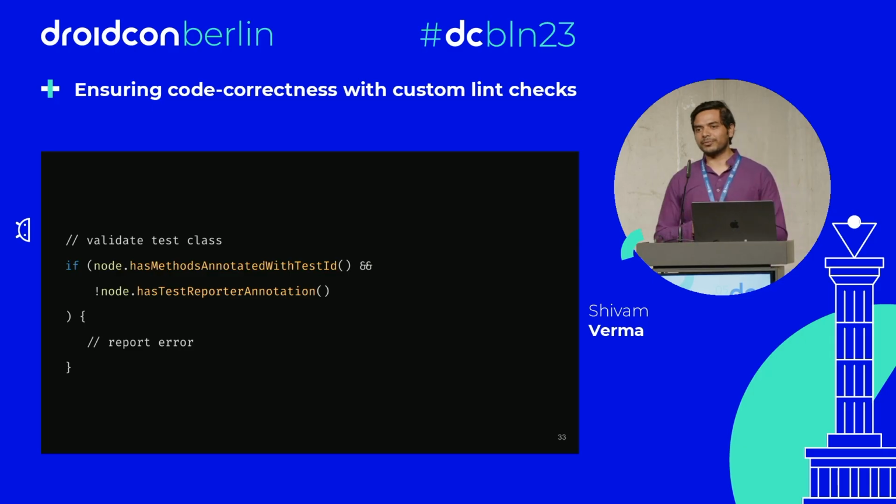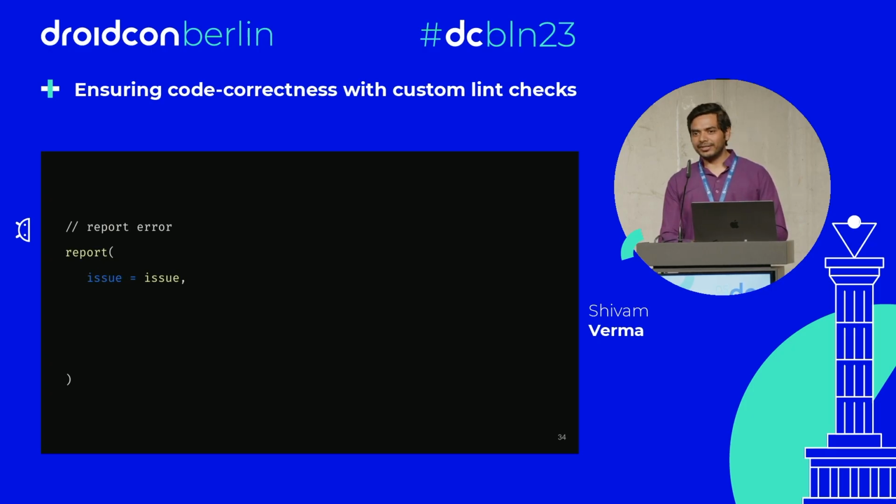This is a very simple method. We just iterate over all the methods available in the class and check if it has the annotation. And then on the class itself, we check if it does not have the test reporter annotation. These are two conditions that we defined initially. And when this case becomes true together, then we want to report an error into the IDE.